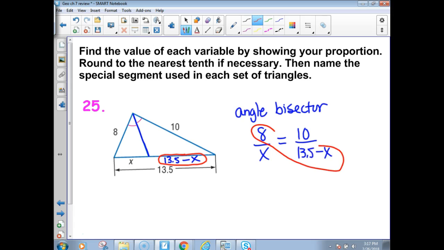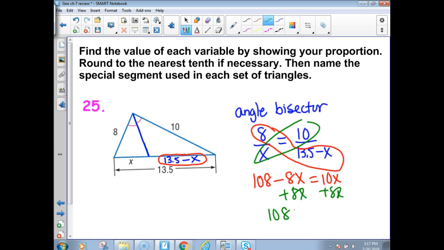This would be one of your trickier ones. 8 times 13.5 would be 108. 108 minus 8x equals 10x. Okay. Then I add 8x.